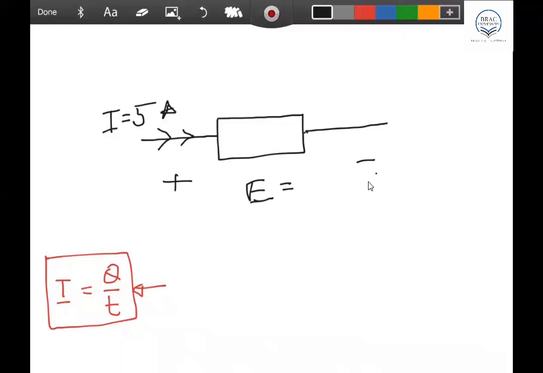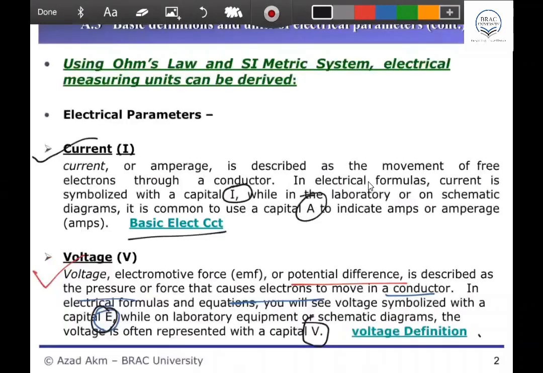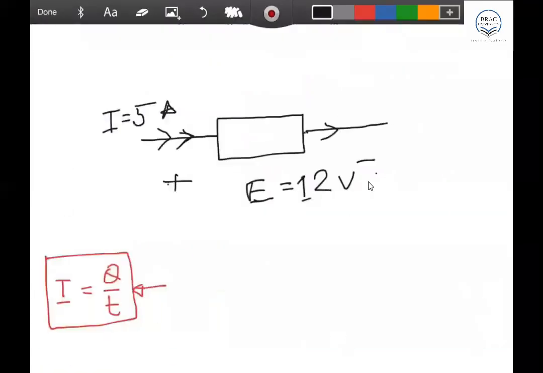Maybe we can say E equal to, let's say, a 10 volt or 12 volt battery. If a 12 volt battery is connected here, positive terminal here, negative terminal there, current is flowing from this to that direction. Everybody can understand this, but I'm just going to tell you about the voltage definition. What is the definition of voltage?